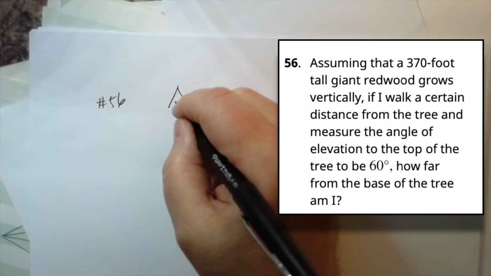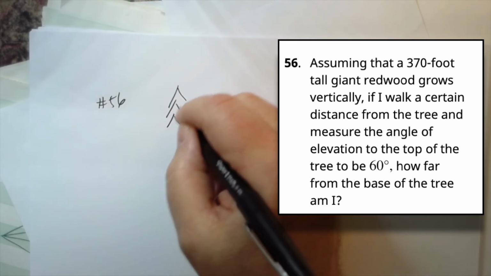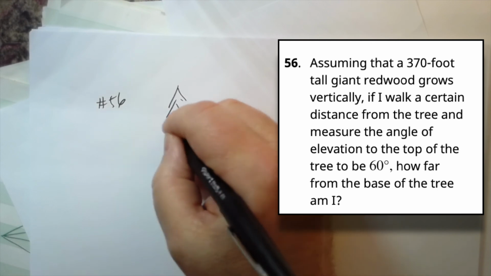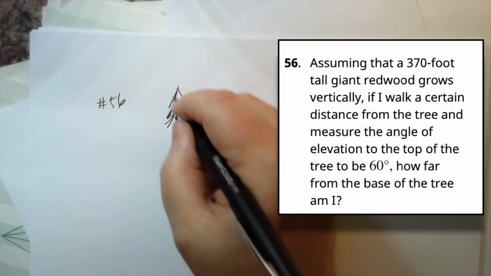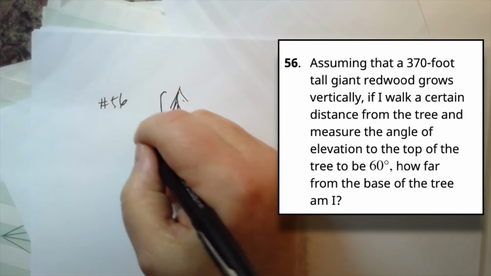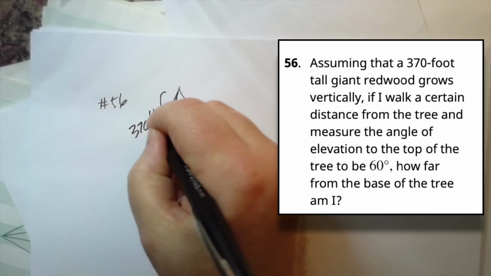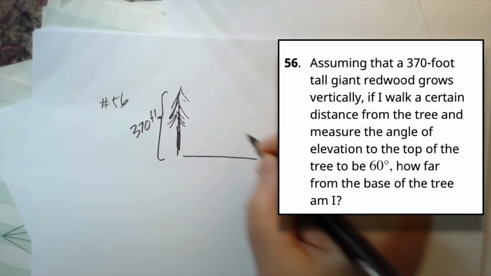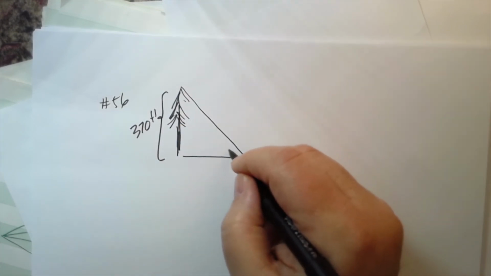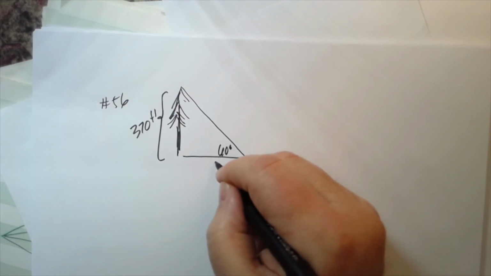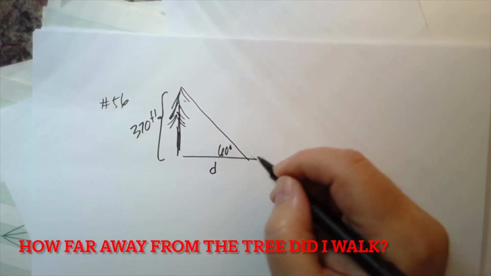So we have our tree here, and we know it's a 370-foot tree, and you walk a certain distance so that your angle to the top of the tree is 60 degrees.